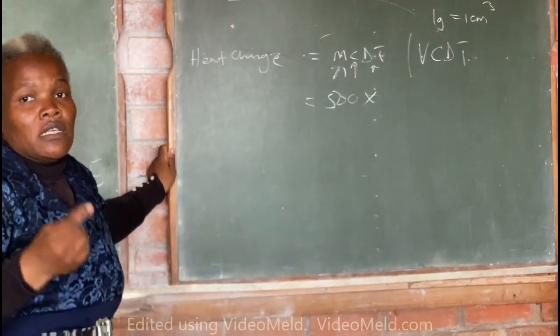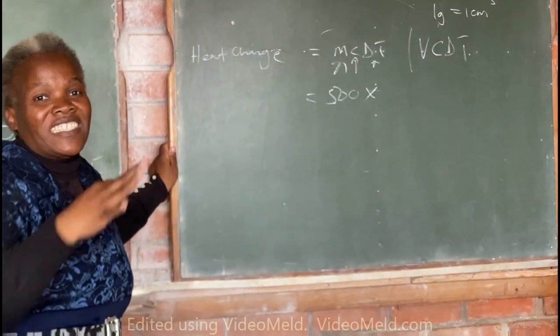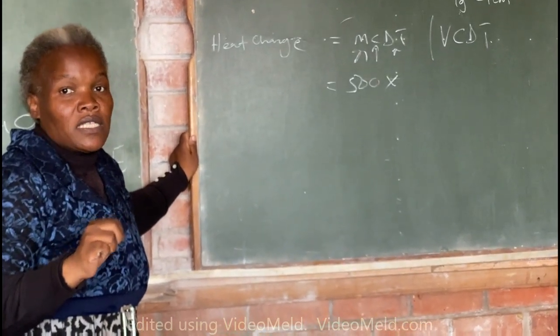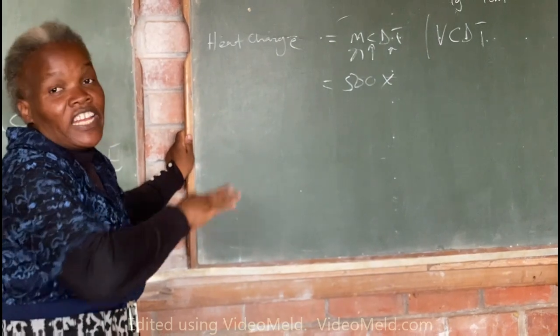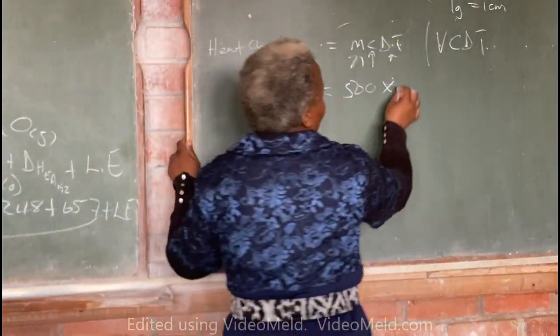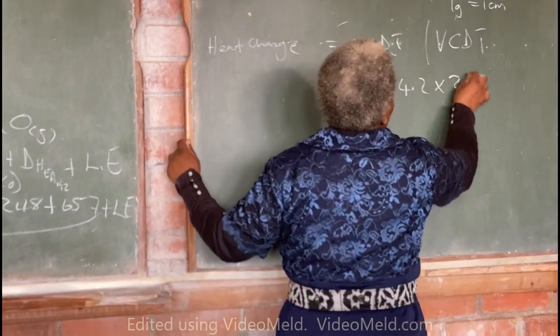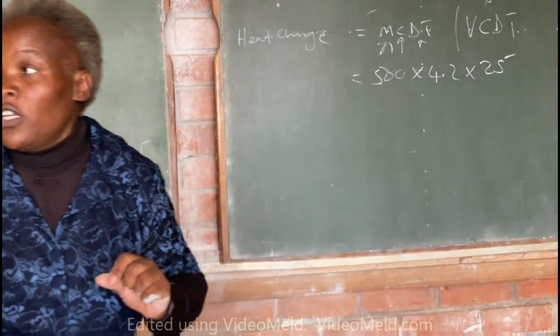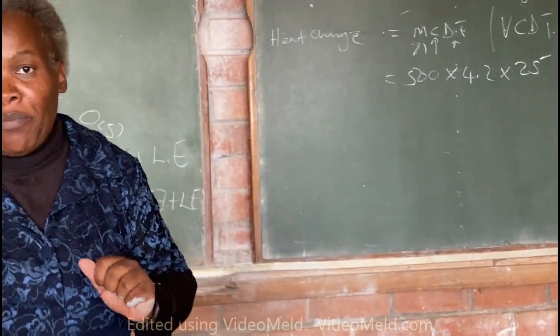We don't need the mass of the solid. Why? Because the solid particles are going to be dispersed in between the water particles. Hence, they do not result in any change in the total volume. Times 4.2 times 25, because we need to effect a 25-degree drop in temperature.